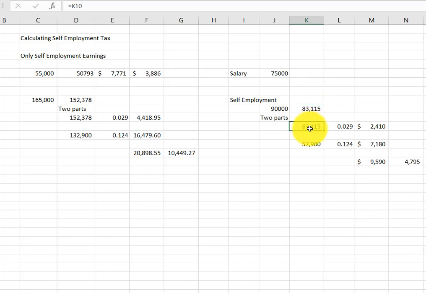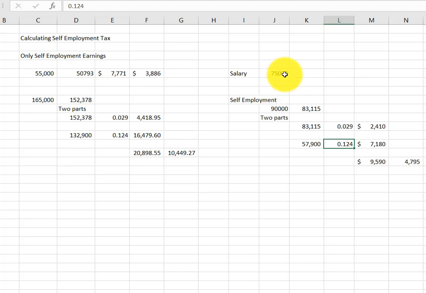We take the whole amount and multiply it by the Medicare part, and we take the threshold minus the salary, and that is what we multiply by 0.124. So not the whole thing, just the amount outside of our salary.